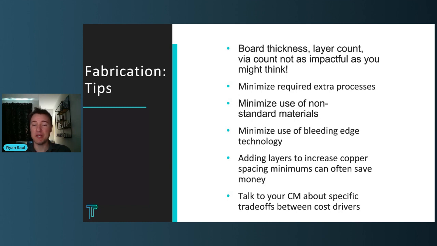Next we have minimizing the use of non-standard materials. So non-standard materials can be one of two things. It could be the actual dielectric material in question. The most standard material you could possibly use would probably be some variant of FR4. But we often will find, even within a relatively non-standard FR4 environment, customers will specify in their fab notes what FR4 variant to use.